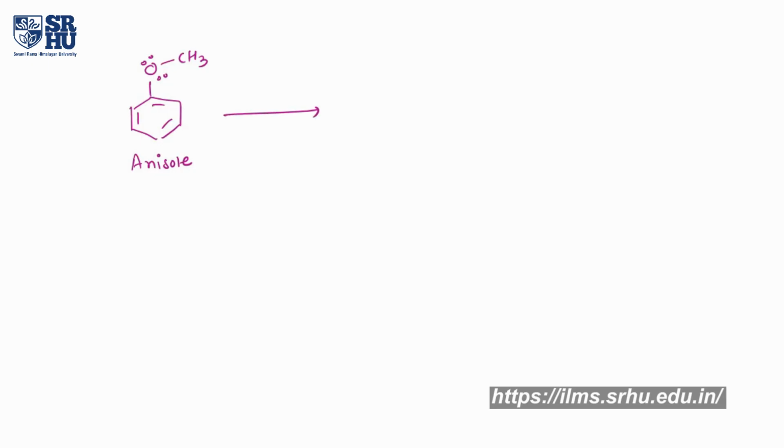So because this is an electron donating group, the product that will be formed would be like this: CH3. The two new hydrogens that will arrive will be attached at the ortho position.